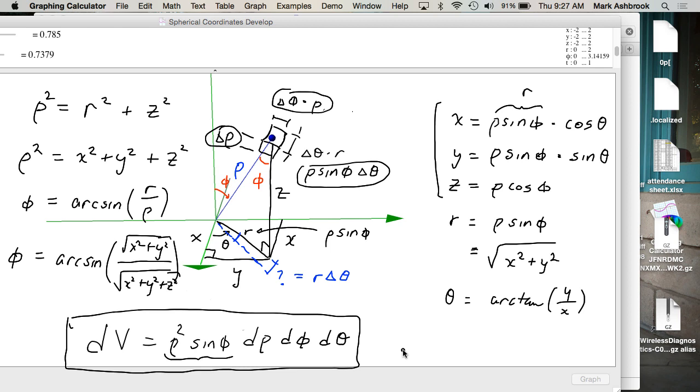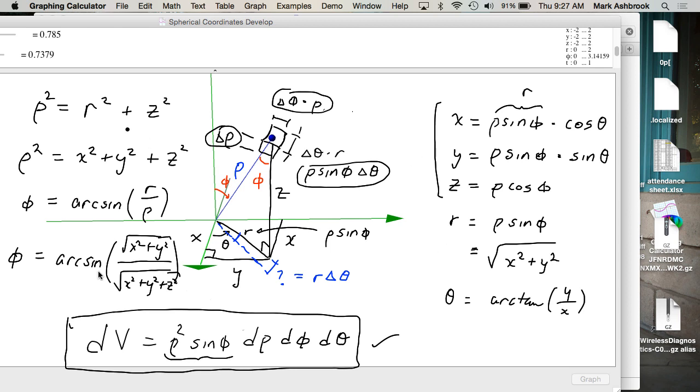Okay. So there ended up being a lot of writing on there. Does everything make sense? Anybody have a question? We need this for triple integrals, and in terms of changing those triple integrals between coordinate systems, we need all these relationships.